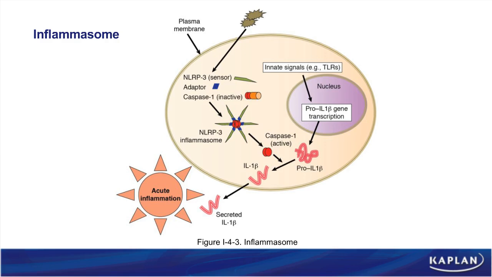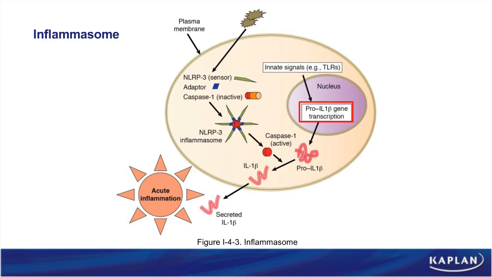Looking at this image, we actually have two different pathways that have been activated. So I first want to point out to you that we have activated a toll-like receptor, and recall from the table with our toll-like receptors that they are going to help activate the transcription factor NF-kappa B. And one of the things NF-kappa B is going to upregulate is the expression of a pro-IL-1 beta gene.